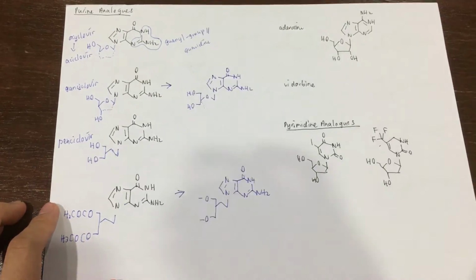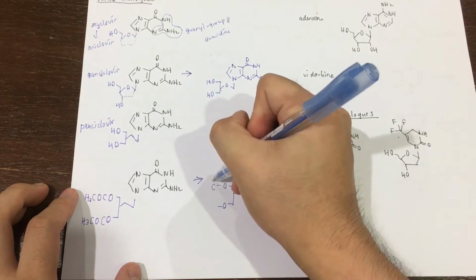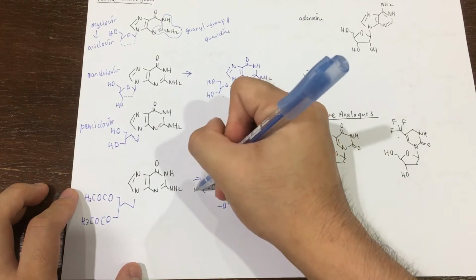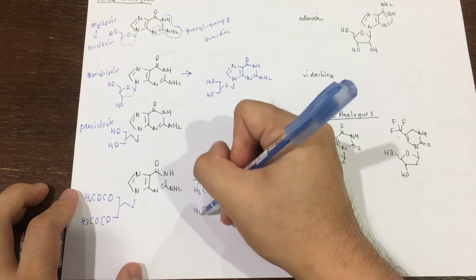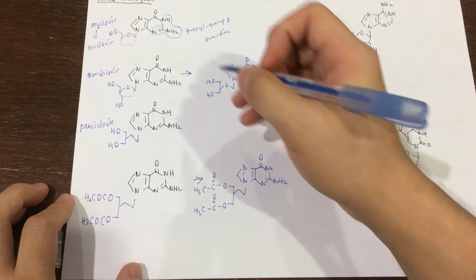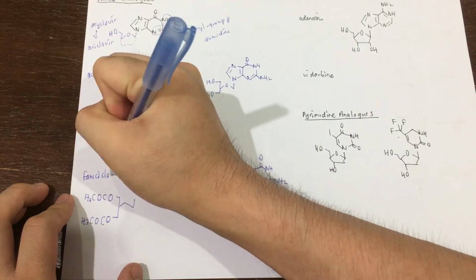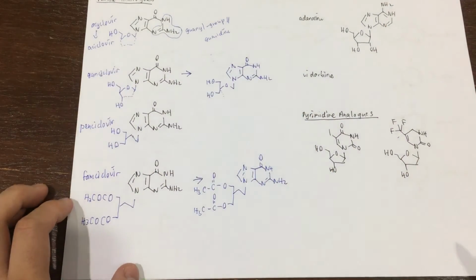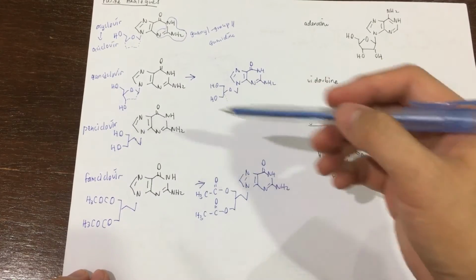Okay, CO CH3, CO CH3, right? And we call it Famciclovir. So these are 4 drugs here for purine analogues, for guanine analogues.